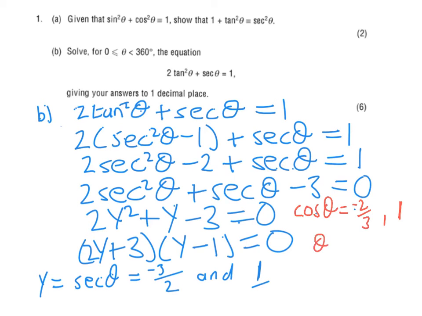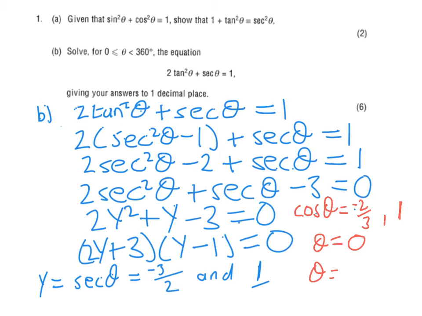Well, what does theta equal then? Well, we're solving this between 0 and 360. Well, when is cos 1? That's when theta equals 0. 360 is not in the range of possible values.